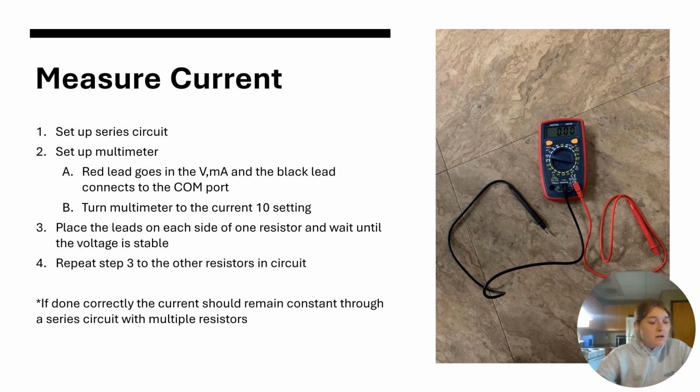The leads will then be placed just like we did when measuring voltage, on each side of one resistor, and then I moved it to the second resistor and then R3. So if this process is done correctly, the current should remain constant throughout the whole series circuit.